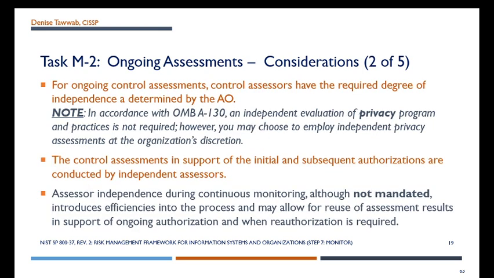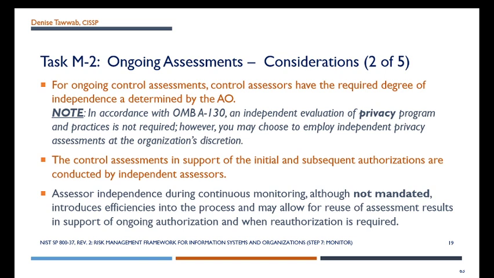For ongoing control assessments, control assessors have the required degree of independence as determined by the authorizing official. In keeping with OMB Circular A-130, an independent evaluation of privacy programs and practices is not required. So that person does not have to be independent. However, you can still choose to employ independent privacy assessors at your organization's discretion.